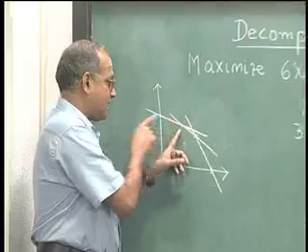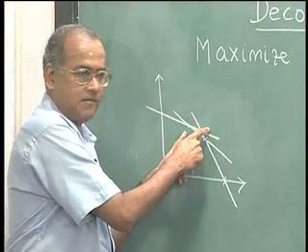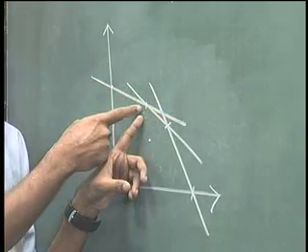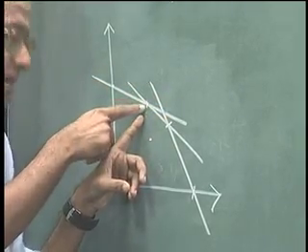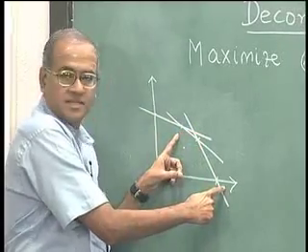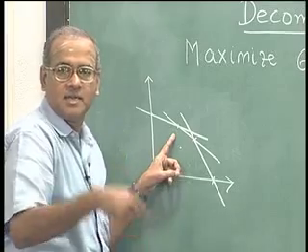For example, here when we said that this can be written as lambda 1 x 1 plus lambda 2 x 2, where x 1 and x 2 are corner points, lambda 1 plus lambda 2 is equal to 1. This can also be written as lambda 1 x 1 plus lambda 2 x 2 plus lambda 3 x 3, lambda 1 plus lambda 2 plus lambda 3 equal to 1.